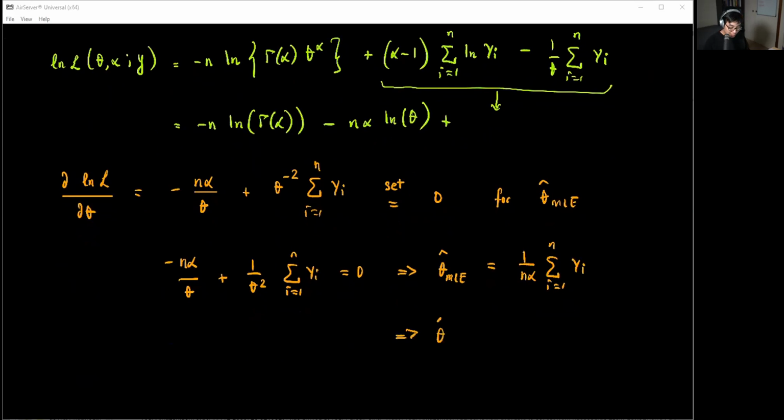Or you can write that as 1 on alpha y bar, right? Okay. All right. Okay. So I think that's pretty much all good, hopefully.